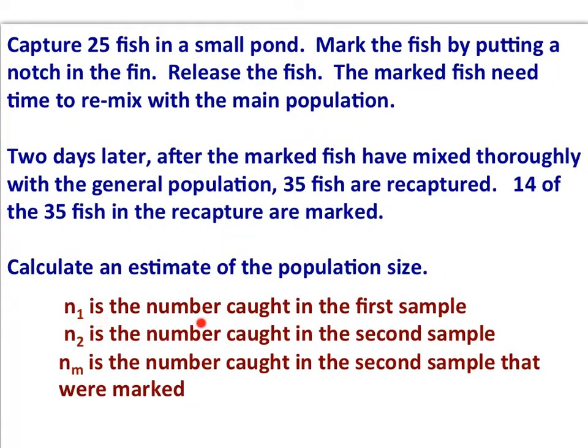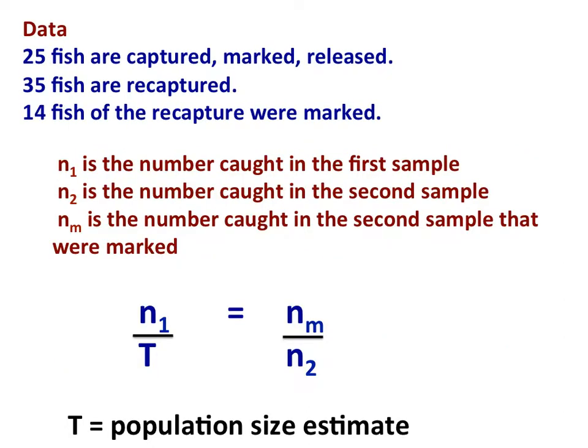Remember that N1 is the number caught in the first sample, N2 is the number caught in the second sample, and NM is the number caught in the second sample that were marked. So 25 fish are captured, marked, released, 35 fish are recaptured, and 14 fish of the recapture were marked. Now I think the absolutely best way of remembering the formula is to think of it as a proportion.